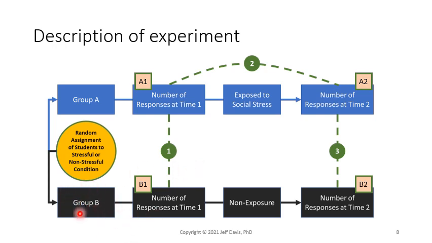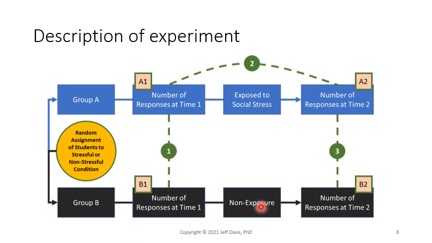So for group B, this group is not going to be exposed to any sort of stress. So the number of questions that they try to answer at time 1 is probably going to look much the same as at time 2. Because again, they're not being exposed to any sort of stressor.